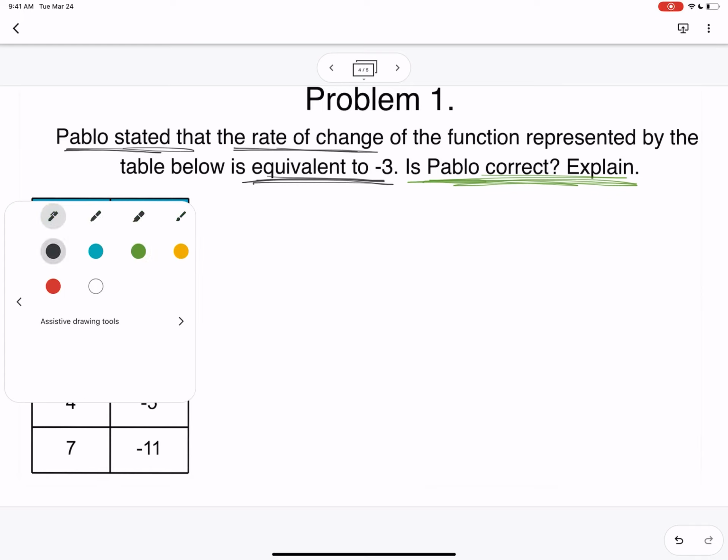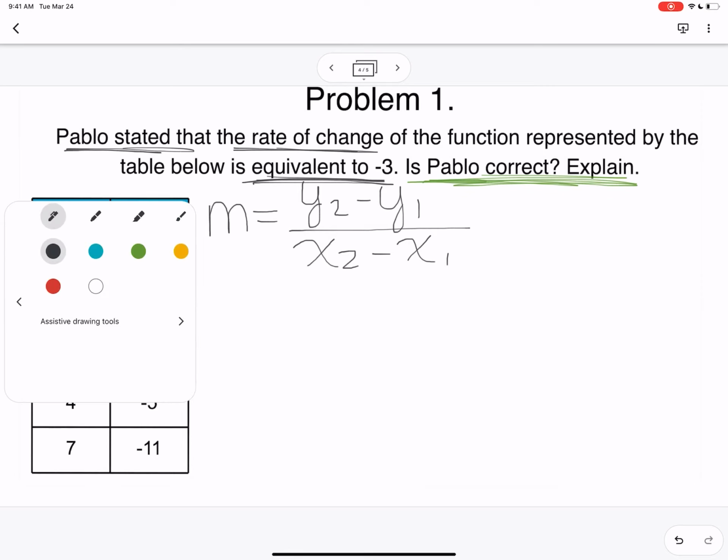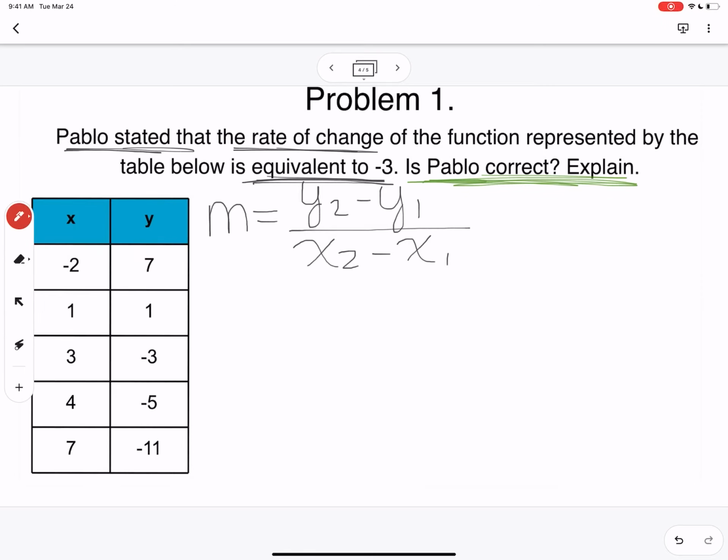First things first, I want to write out my rate of change formula, which is m equals y2 minus y1 over x2 minus x1. Remember, when we did this in class, the first thing we had to do was choose our 2 points. I'm going to use (1, 1) and (3, -3).